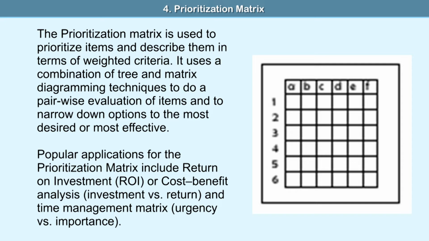Popular applications for the prioritization matrix include return on investment, also known as ROI, or cost benefit analysis, that is, investment versus return. Time management matrix, that is, urgency versus importance, etc.